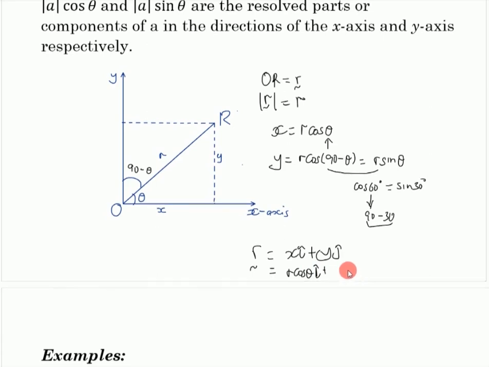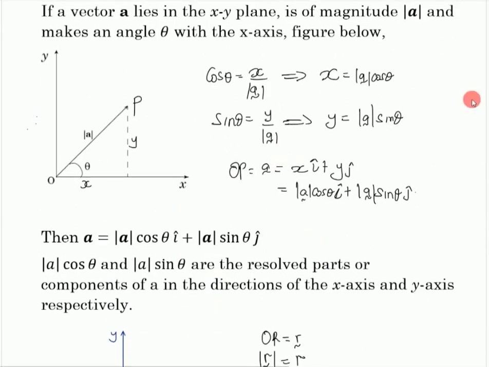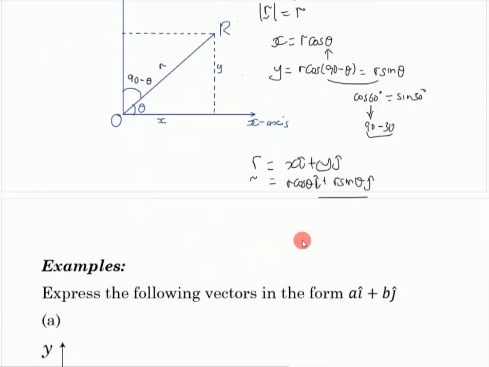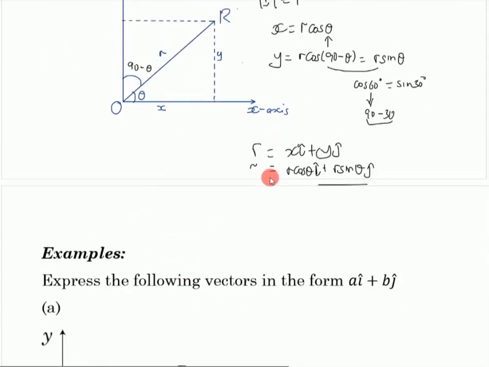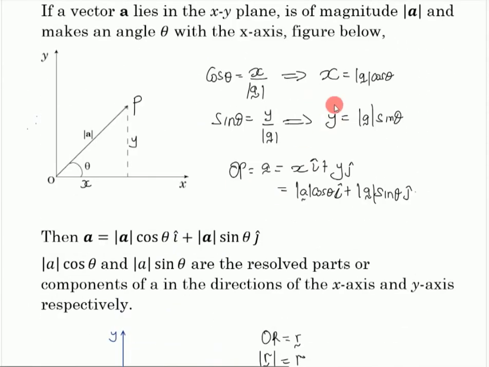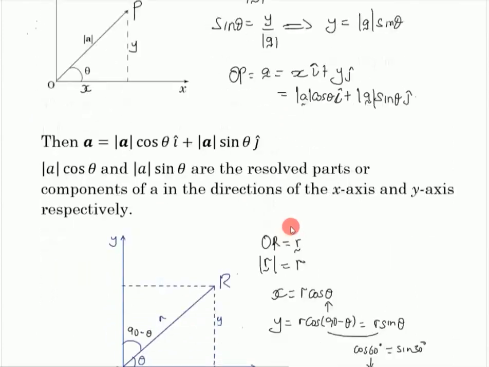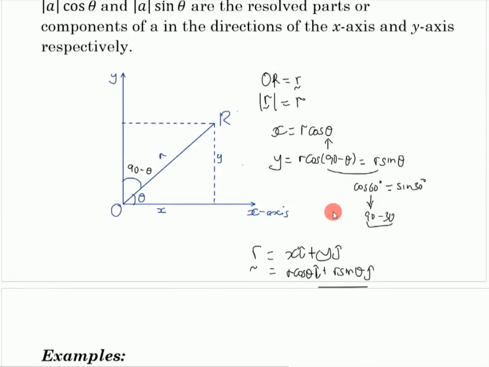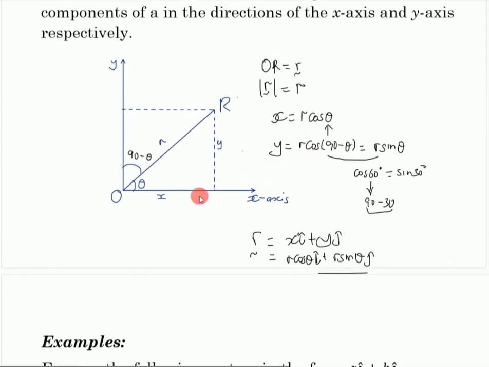Then for y we have r sine of theta j, which is still in agreement with what we got up there in the first case. It is coinciding with this. So that is what we do. We are going to use this and that in the example we're going to have.